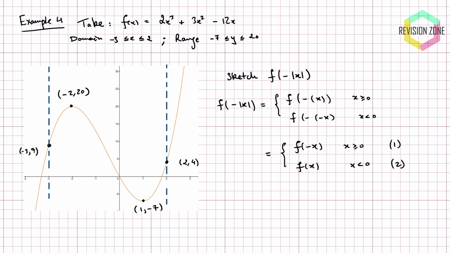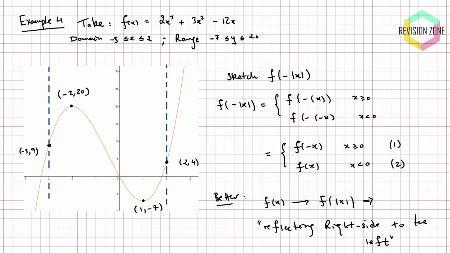But I think a much better way of doing it is as follows. If you look back at the last example, what we basically showed was when f of x goes to f of the modulus of x, this was the same as reflecting the right side to the left. In the previous example, we reflected the right side of the graph to the left, right?